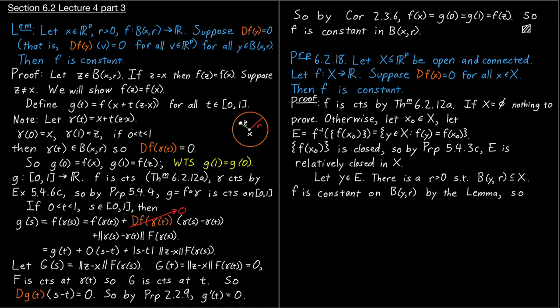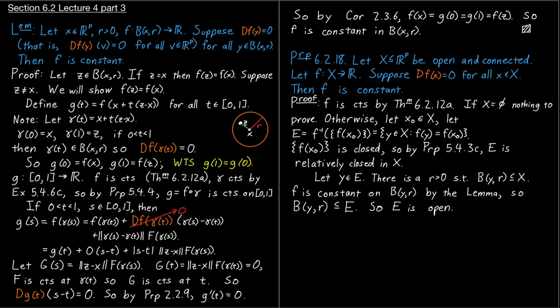So that means that f of z equals f of y equals f of x naught for every z in our ball. So our ball is a subset of E. So E is open. It's not just relatively open, it's fully regularly open.